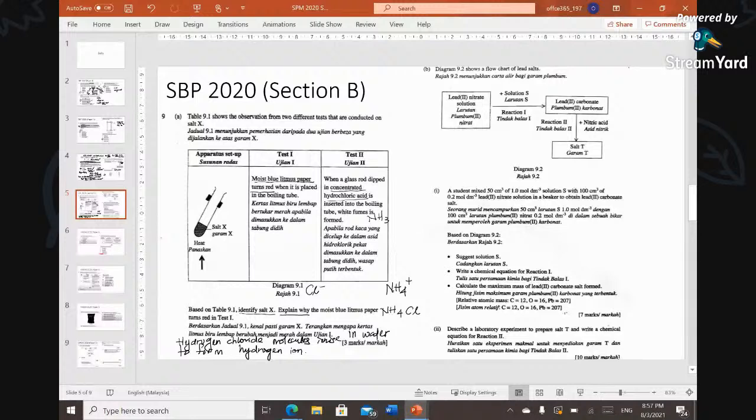Okay, so hydrogen chloride molecules ionize in water to form hydrogen ion. This is the explanation to tell why the moist blue litmus paper turns red. Okay, there is presence of hydrogen chloride.